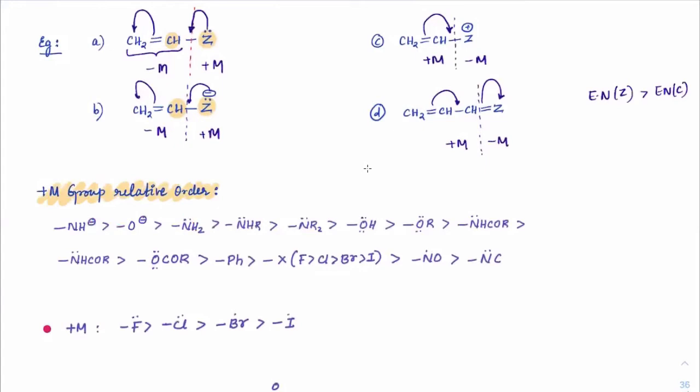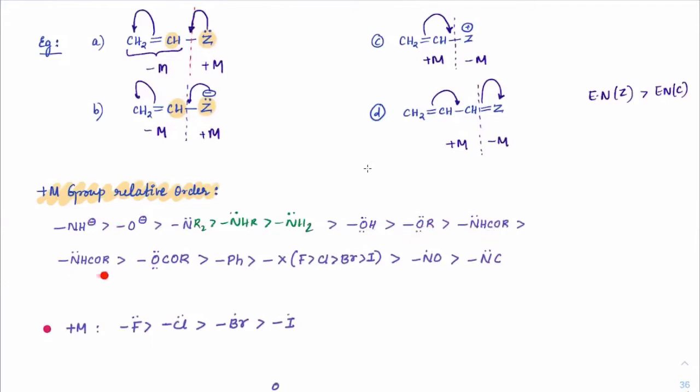So NR2 is strongly donating, then NHR, then NH2, then OH, OR, got it? Here there is a slight exception between OH and OR, got it?